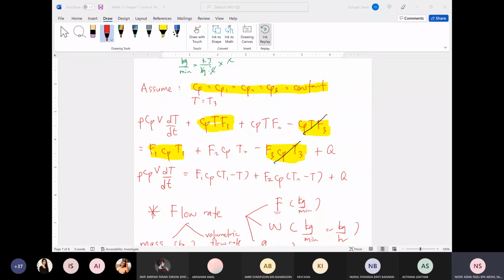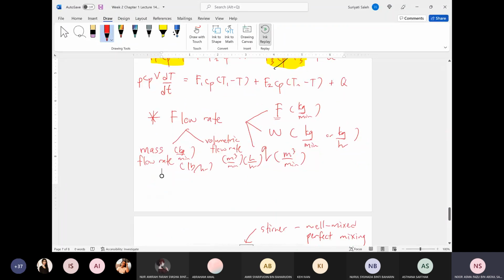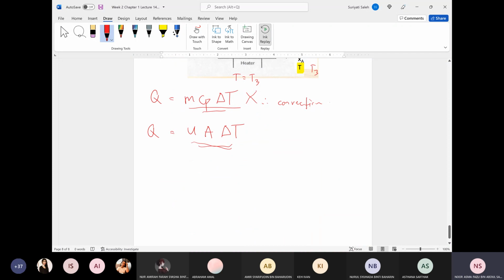All right. Based on this, we have already completed the balance of the overall component and the energy balance. Let me summarize a little bit. Overall mass balance: we have rho dV/dt equal to F1 plus F2 minus F3.